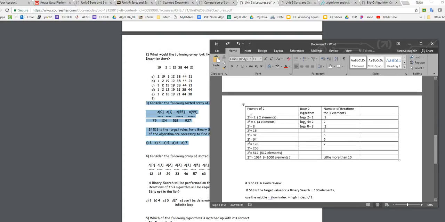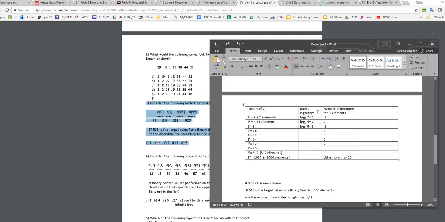So your powers of 2 from 2 to the 1st through 2 to the 10th are here. 2 cubed is 8, 2 to the 4th is 16, 2 to the 5th is 32, etc. 2 to the 10th is used frequently to do some approximations, and it is 1024, but we just say it's approximately 1000. So keep that in the back of your mind.